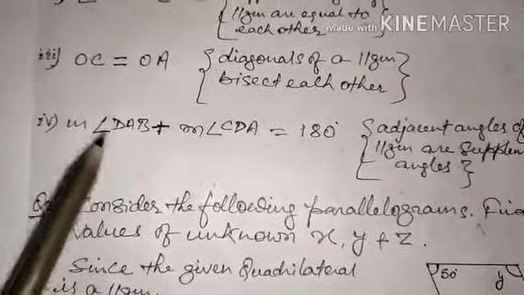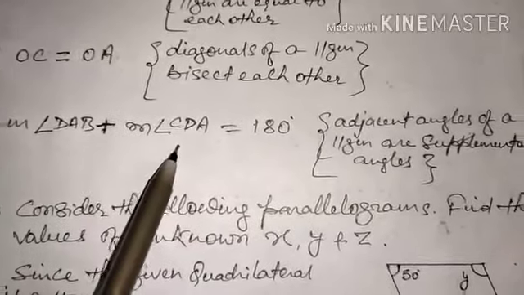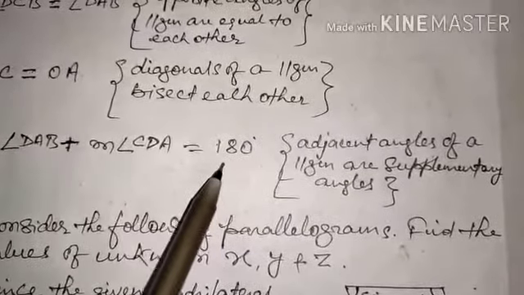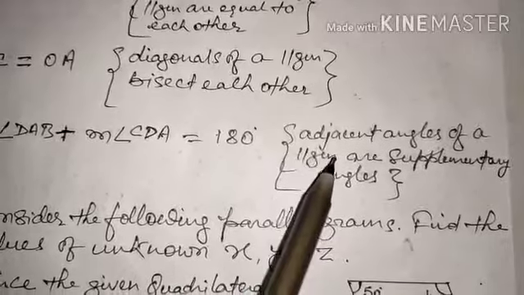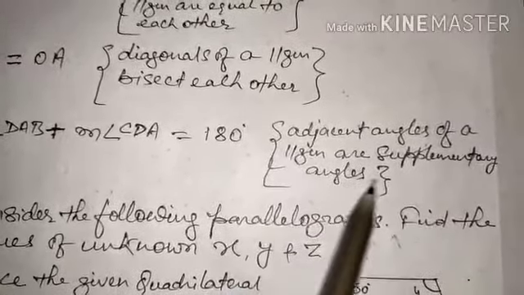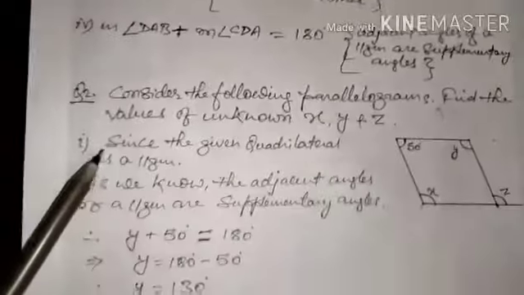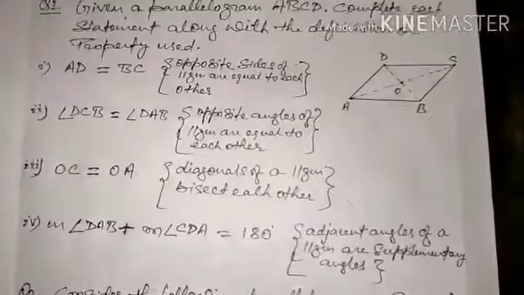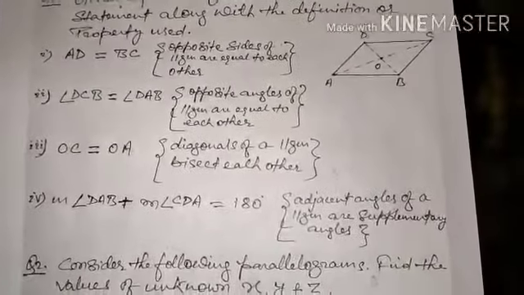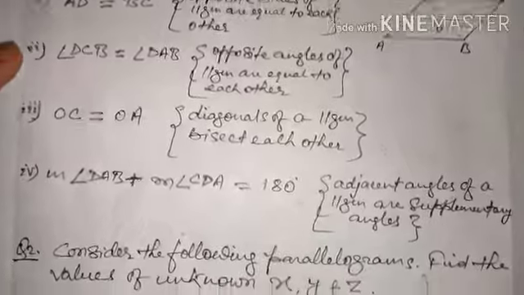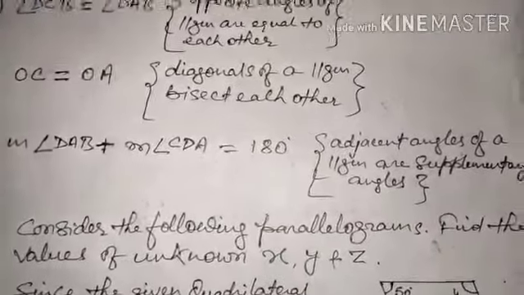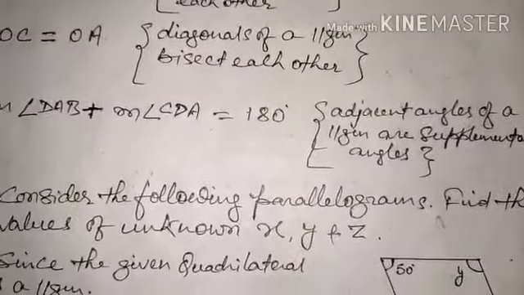So using this property I have written measure of angle DAB plus measure of angle CDA equals 180 degrees. I hope question number 1 is clear. I did nothing very tough; I just used the properties to solve these questions.